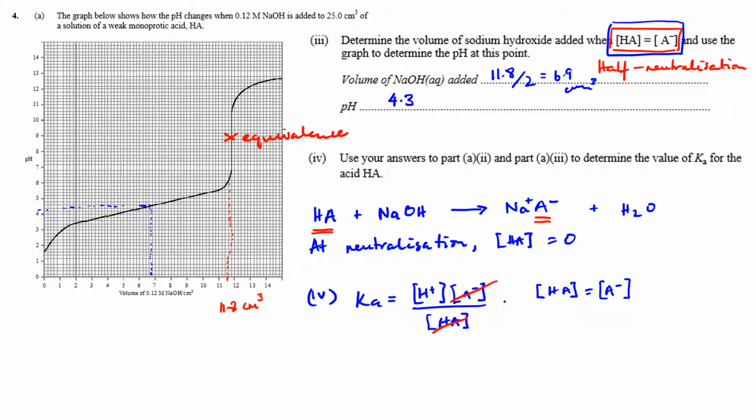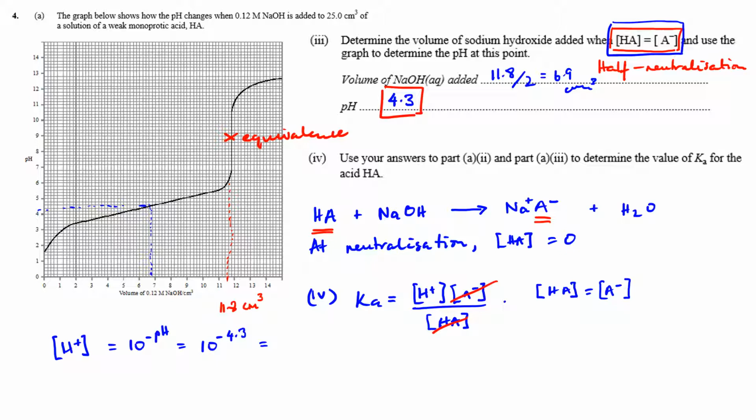So how are we going to work out our hydrogen ion concentration? Well, in the first part, we've worked out what our pH is at this particular point. And if we know the pH, we can find the hydrogen ion concentration. Let's just go through the process. Our hydrogen ion concentration, you'll remember, is 10 to the minus pH, which is 10 to the minus 4.3.